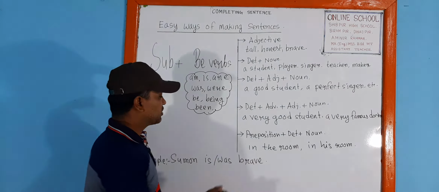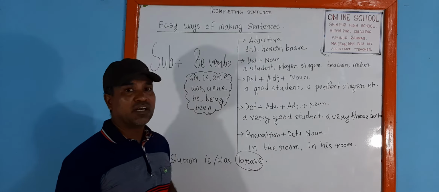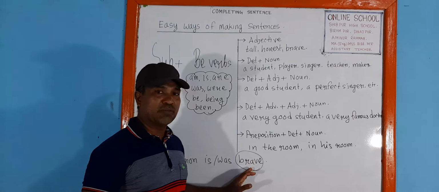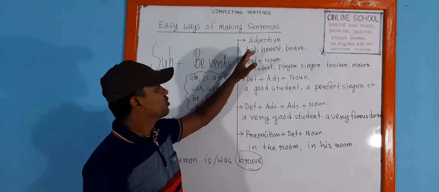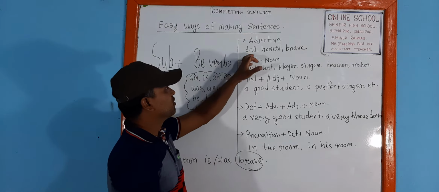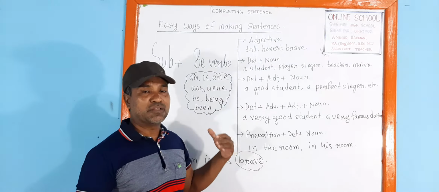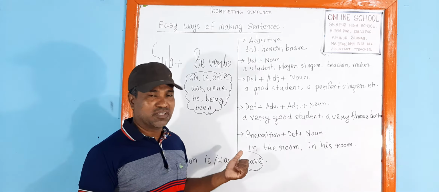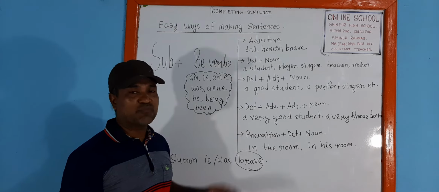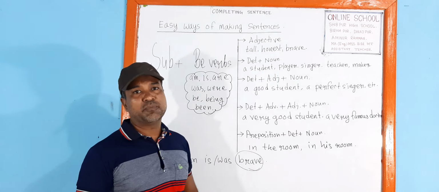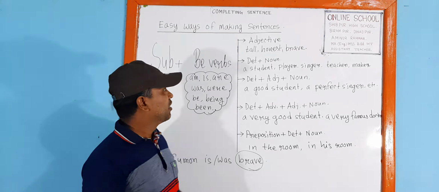This is an adjective, and at the place of adjective, we can use so many adjectives: tall, honest, active, brave, faithful, wonderful. So this is the structure. After be verb, we can use any type of adjective. Then my sentence will be right.